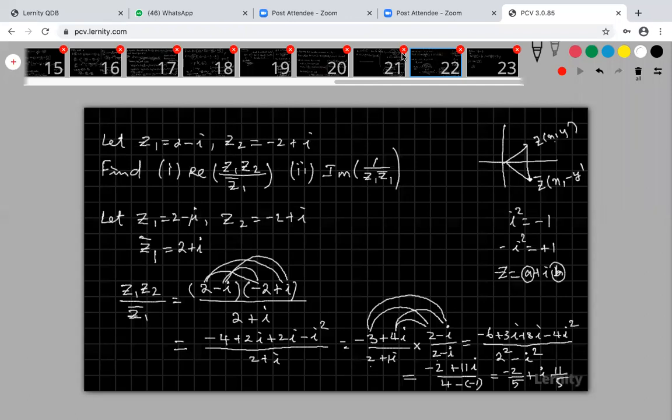Not minus 1 by 5. Are you getting minus 1 by 5? It is 1 by 5 only, not minus 1 by 5. Check your answer. Second one, real part is, Yalini, what is your answer?